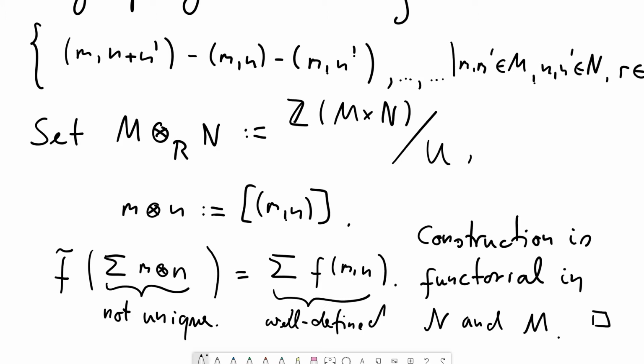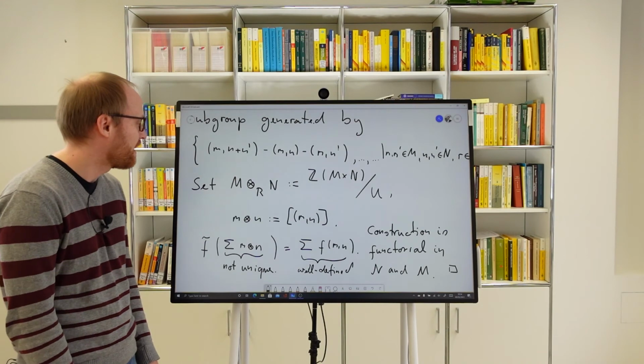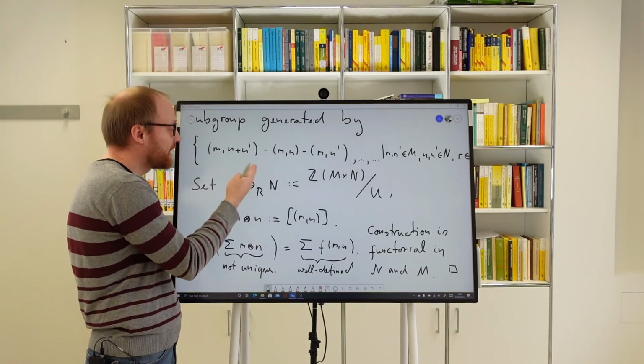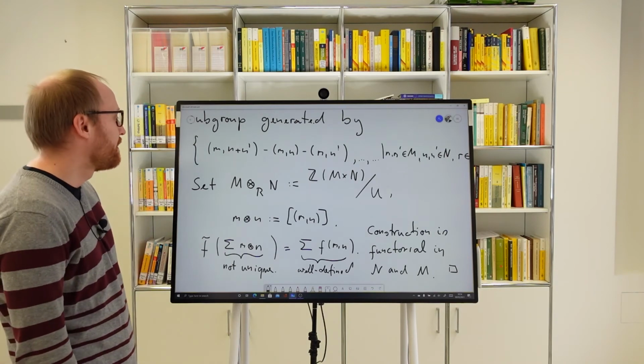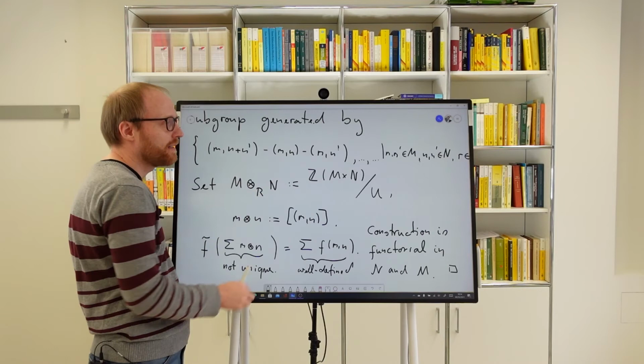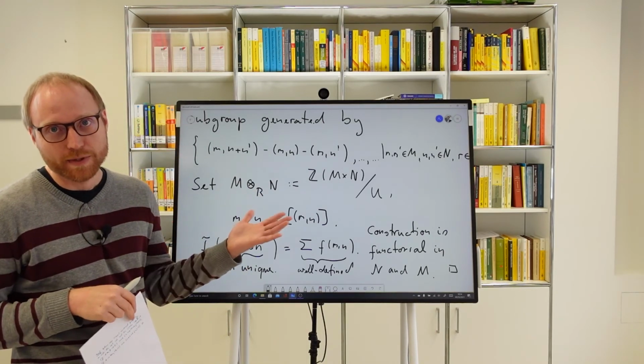Right. I mean, you know probably the situation already from vector spaces. If you have seen this construction before there, then you would know that if those are finite dimensional vector spaces, then this new vector space will actually have dimension the dimension of M times the dimension of N. And that's just because if you pick a basis in M and pick a basis in N, then you can just take the pairwise elementary tensors of those basis elements, and these will span the whole space.